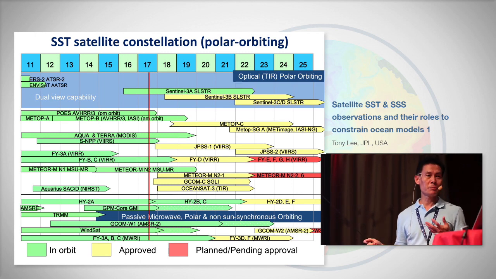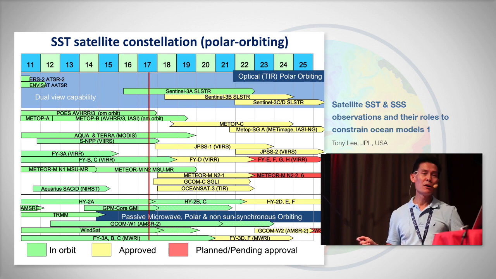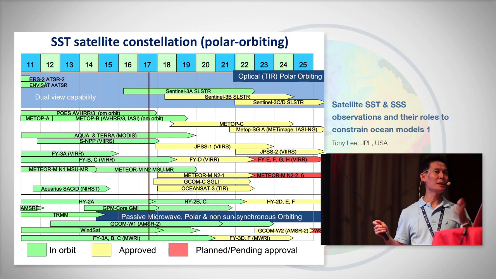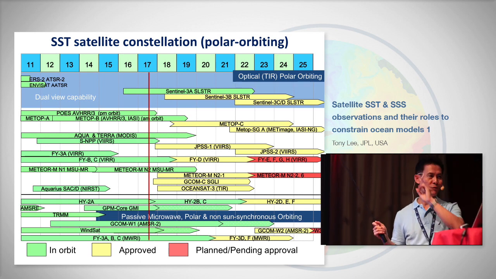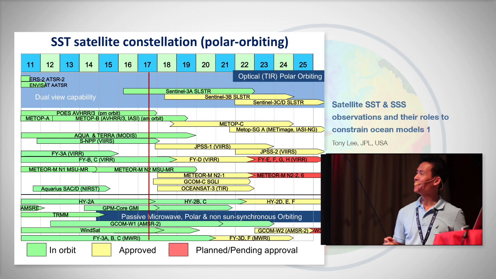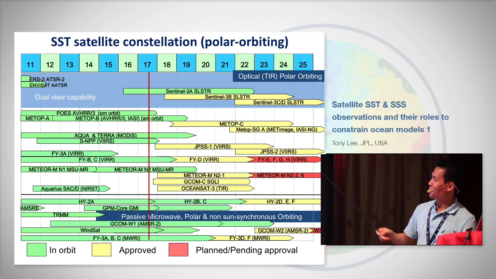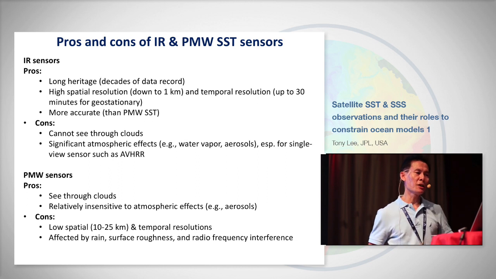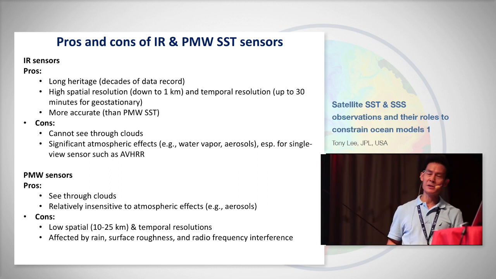JAXA said that the Japanese government has now put in the development money for FY18 for this. So that's good news, and hopefully there will be money for going into phase B and phase C and operation.